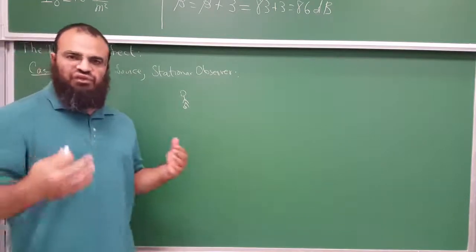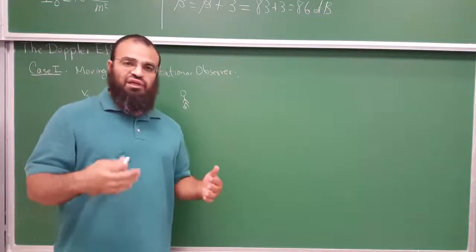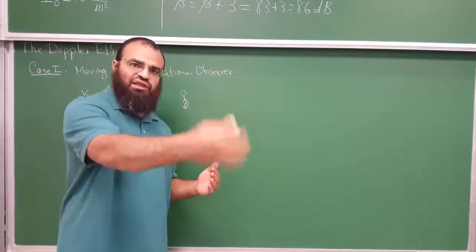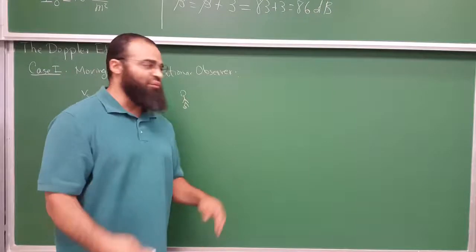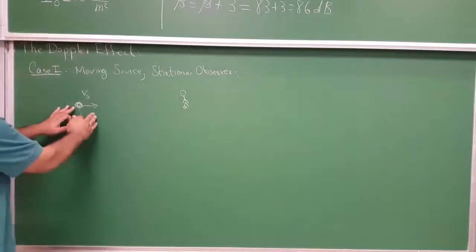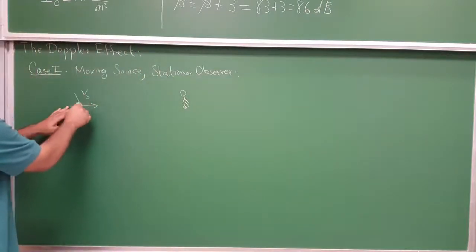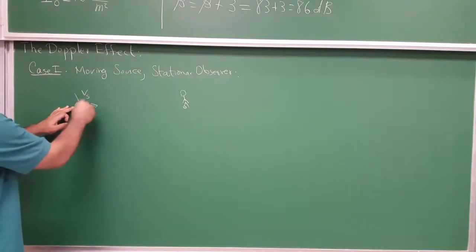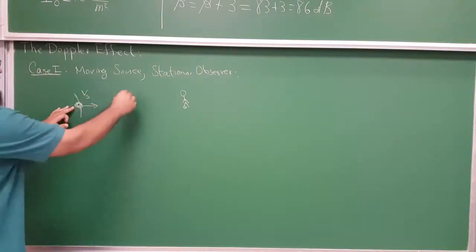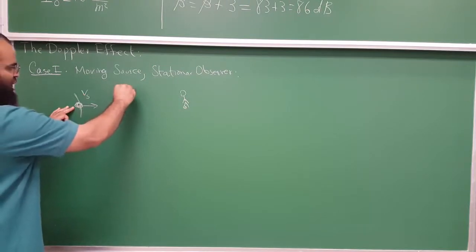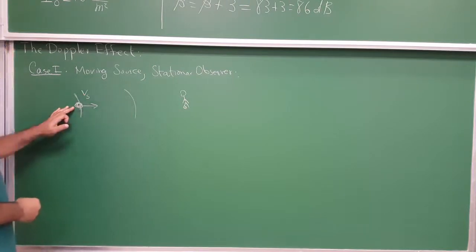It will emit sound waves periodically. Every period, capital T, it will emit a wave. So it emits the first wave when it's here. By the time it tries to emit the second wave, this first wave front will be here.